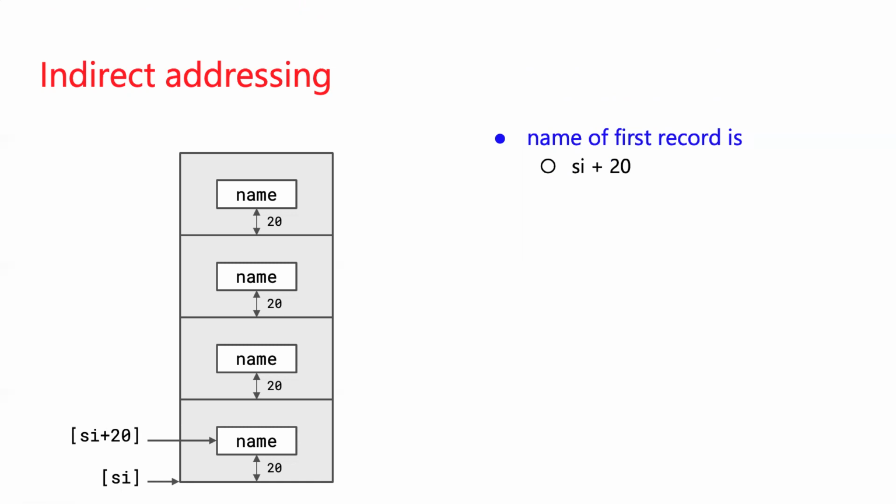There's an indirect addressing mode that will let us do that. It will let us take the value of a pointer and add a fixed offset to it. We've already seen one mode that looks like this, and there's one that lets us add a fixed offset. That's fine for accessing fields in just one instance.